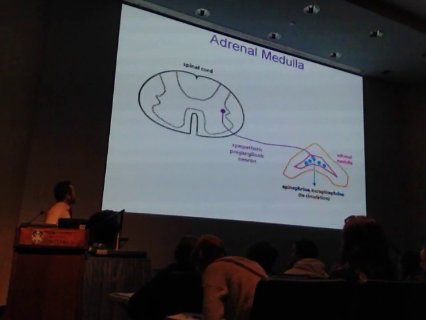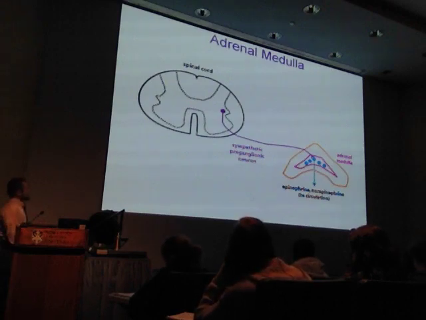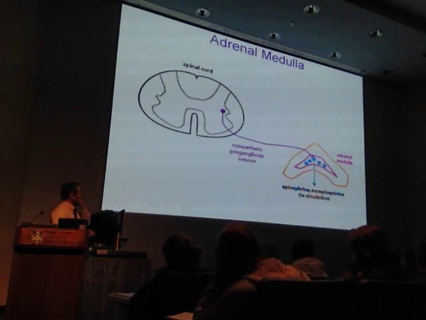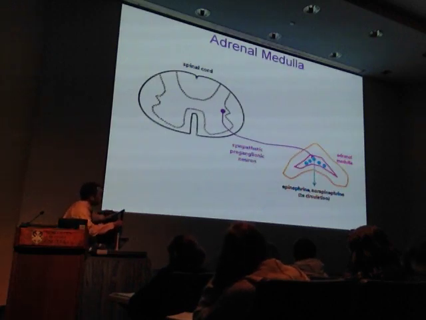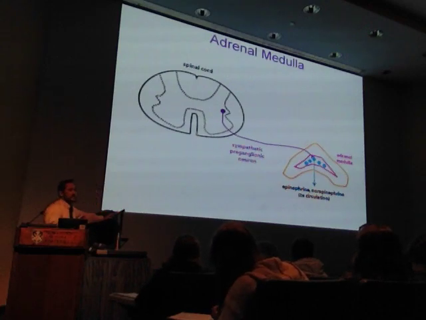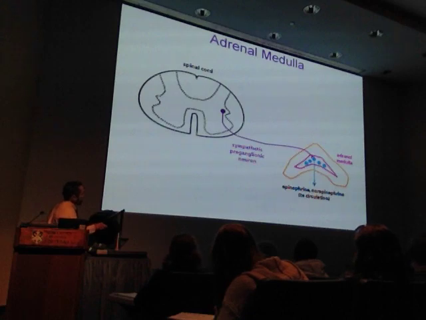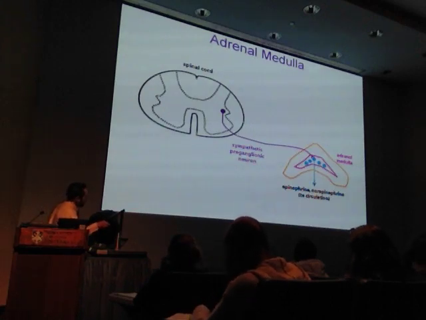Okay. These adrenal medullas work directly with the spinal cord. So the kidney would be down here. These guys sit right on top, so they look like a mountaintop as they sit above the kidney. They have a cortex on the outside, and they have the medulla on the inside.